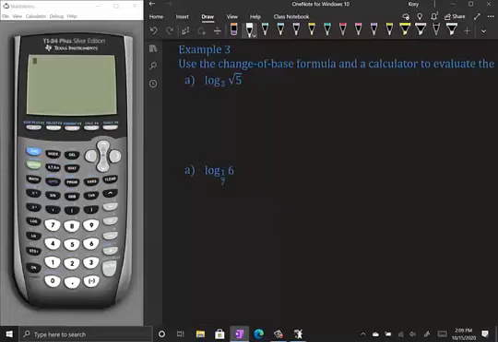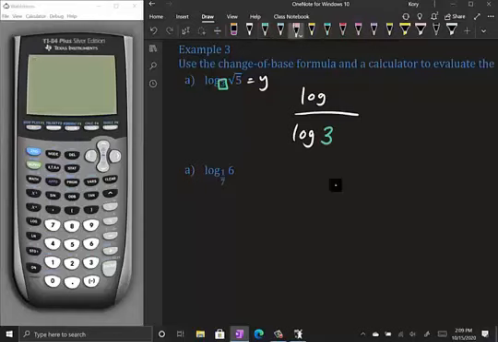So first thing that we're going to do is, since I can't solve this, now why can't I solve this? Because it would be 3 to the power of y equals the square root of 5. I can't solve that. It's never going to be the same base. So since we can't solve it, we can do change of base. So what we'll do is we have a fraction, log over log. You see how this is the bottom number? It goes on the bottom.